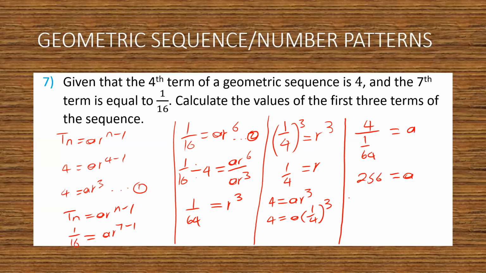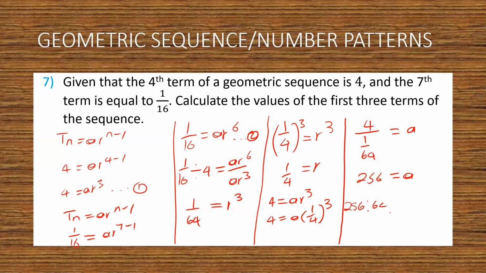So if 256 is my first term, what will be my second term? I said T2 equals 256 times 1 over 4, which is the common ratio, and that gives me 64.